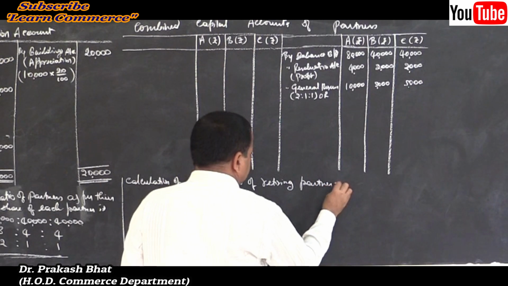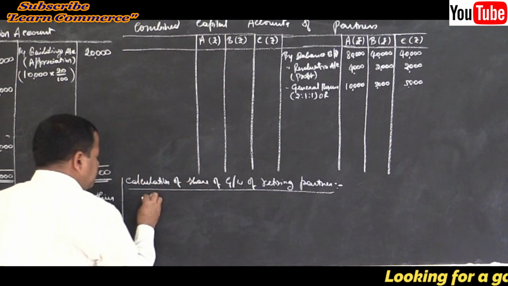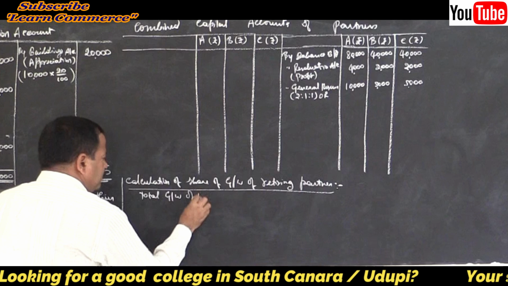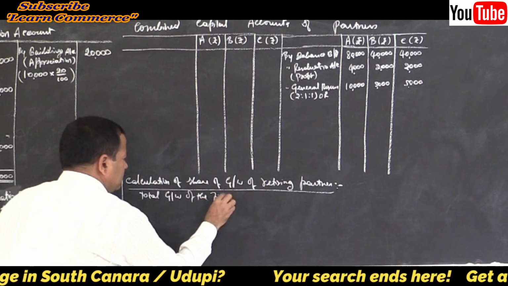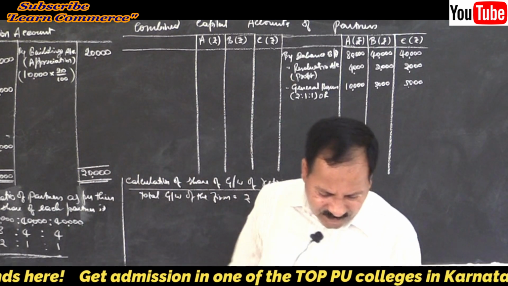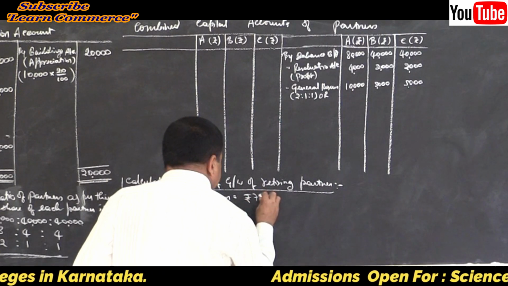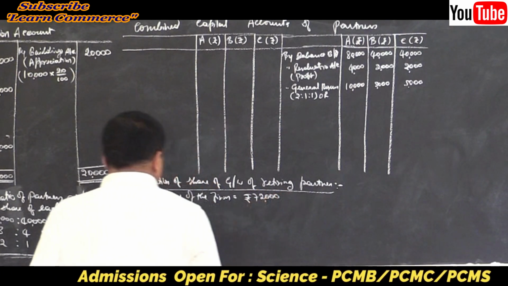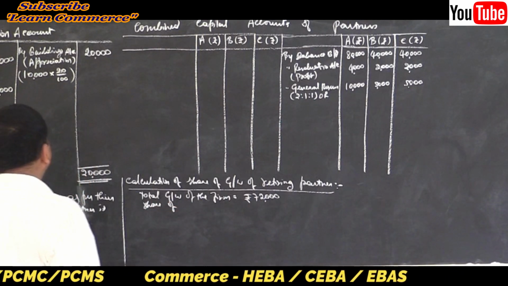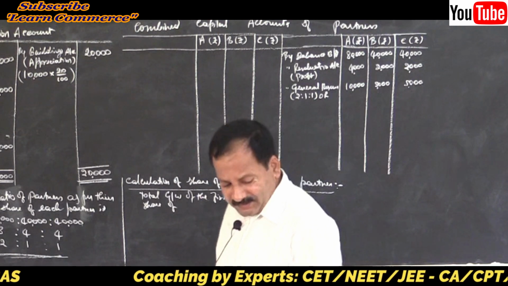Total goodwill of the firm. How much rupees? It was given in the problem. Refer: 72,000 rupees. Who is the retiring partner here? Bhimu decided to retire, correct?